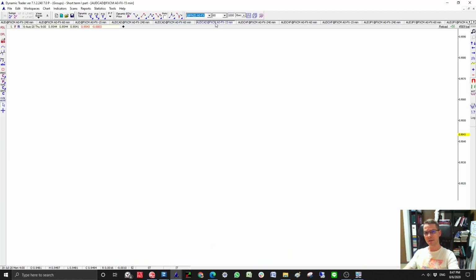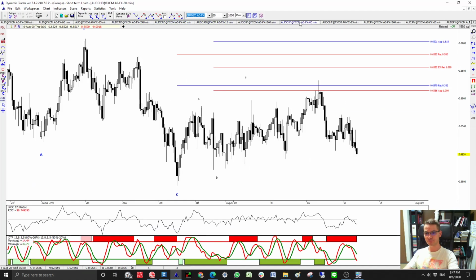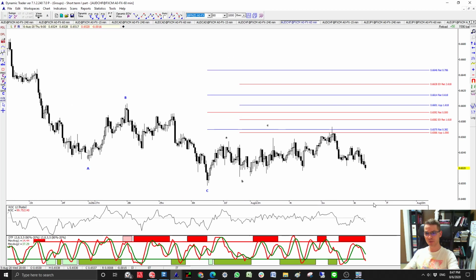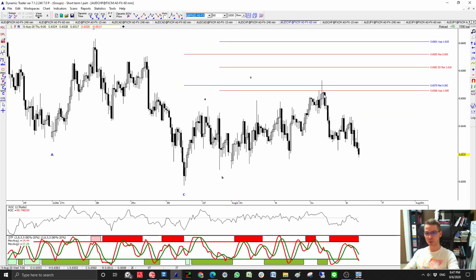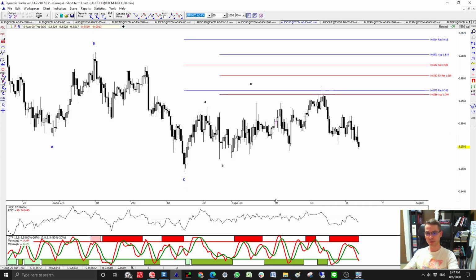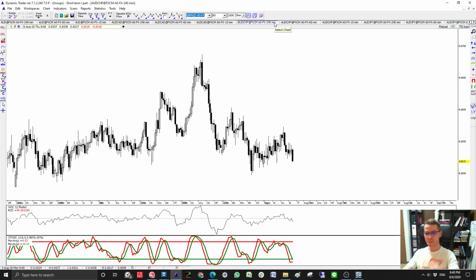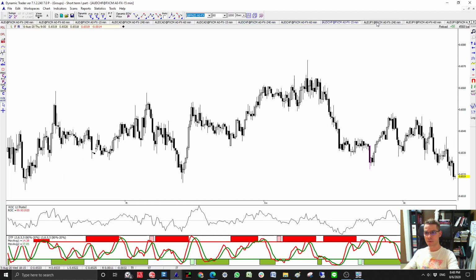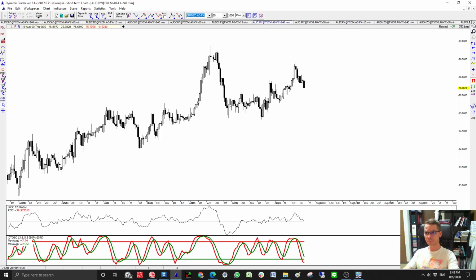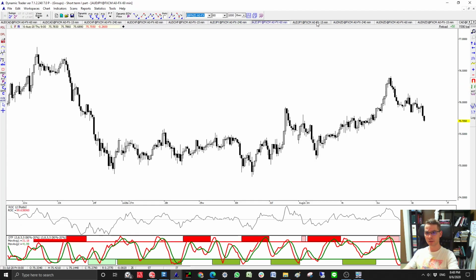So there's nothing really interesting happening here. Aussie Swiss franc just finished one of its corrections, and then it's resuming trend, so it might push lower. Higher time frame is oversold. And let's see, Aussie Japanese yen, down, down.